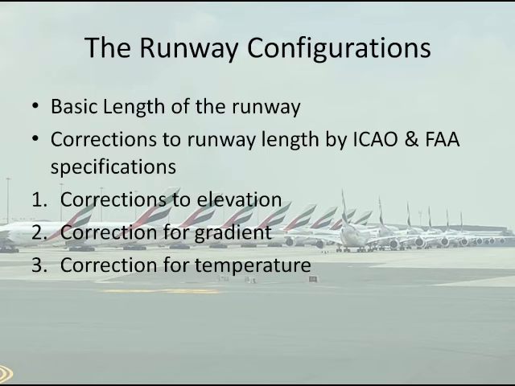The runway is leveled in the longitudinal direction, or in other words, it has zero effective gradient. Next, the standard temperature is maintained along the way. The last point is that the standard temperature of 15 degrees centigrade exists in the airport.